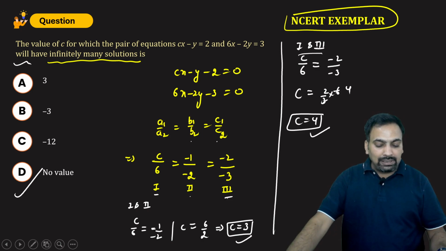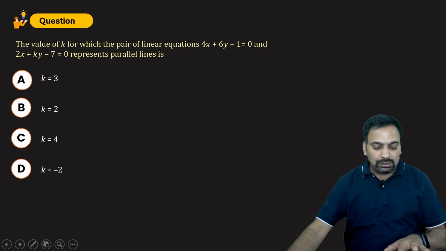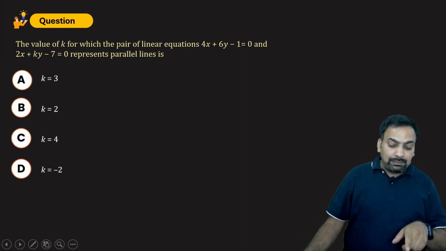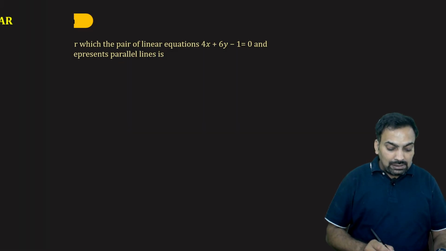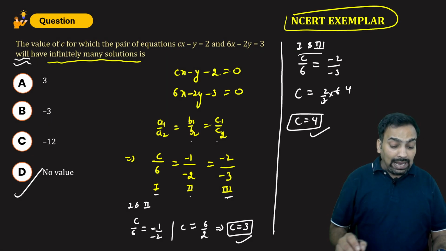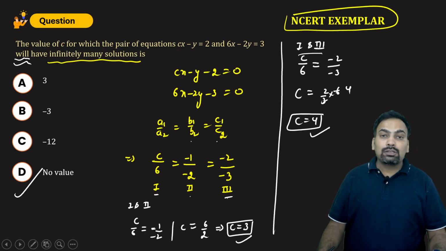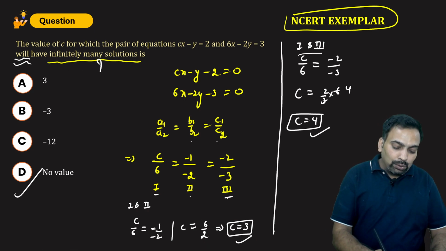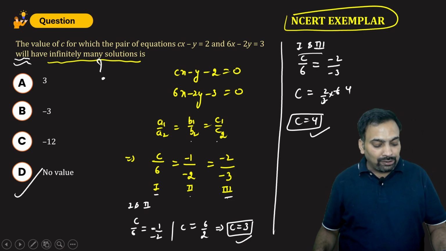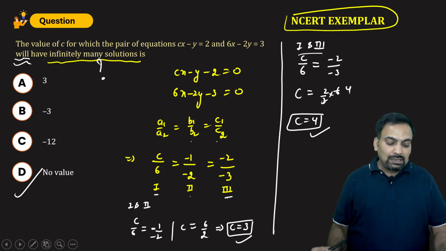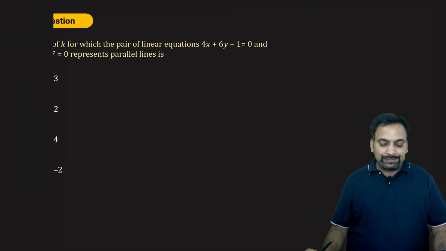So I will give you one homework question. This is about parallel lines. Now understand the language. In the previous question, they ask whether it will have infinitely many solutions. Asking 'will' means they have doubt, whether this has infinitely many solutions or not, so you have to check that, and your answer is no value.